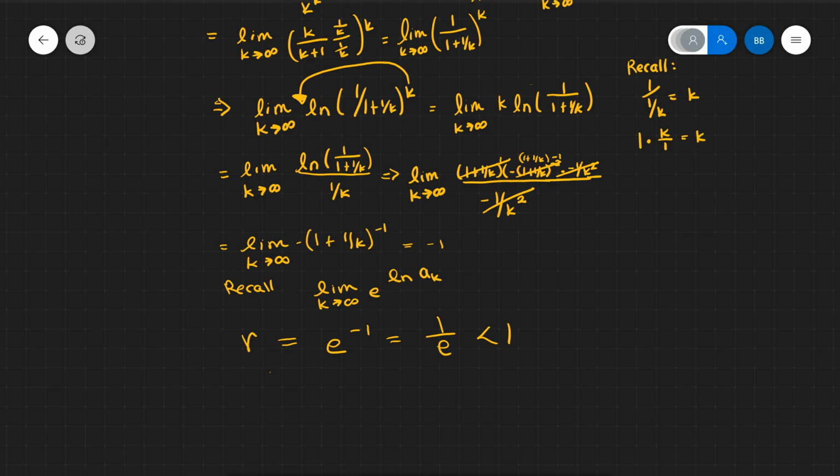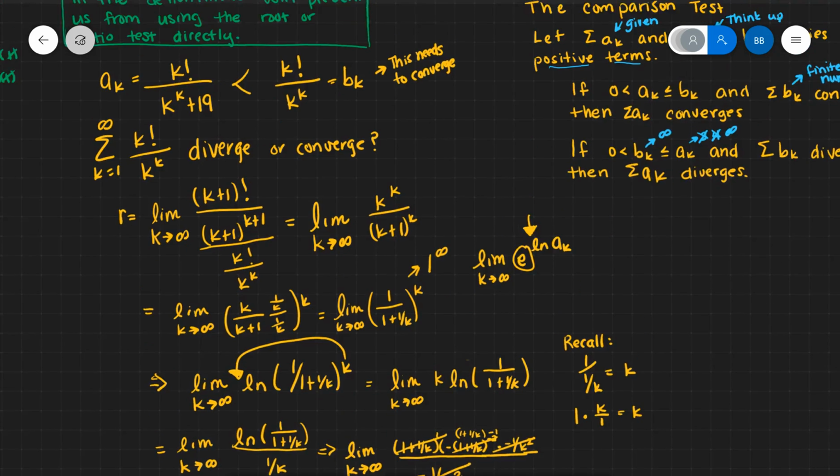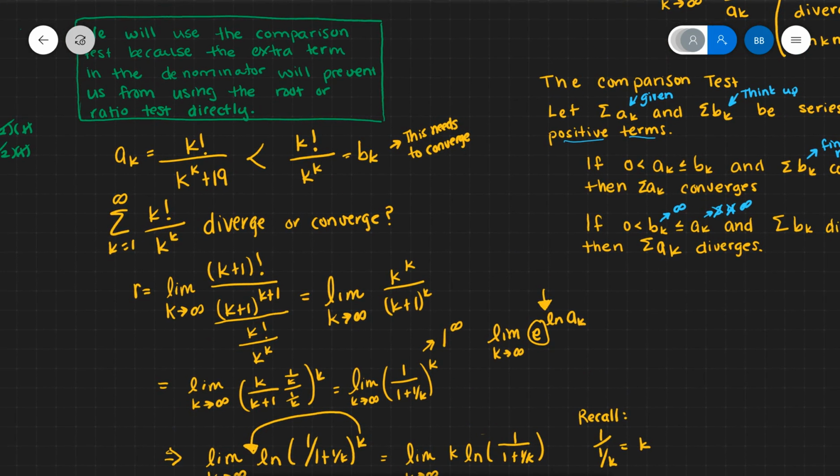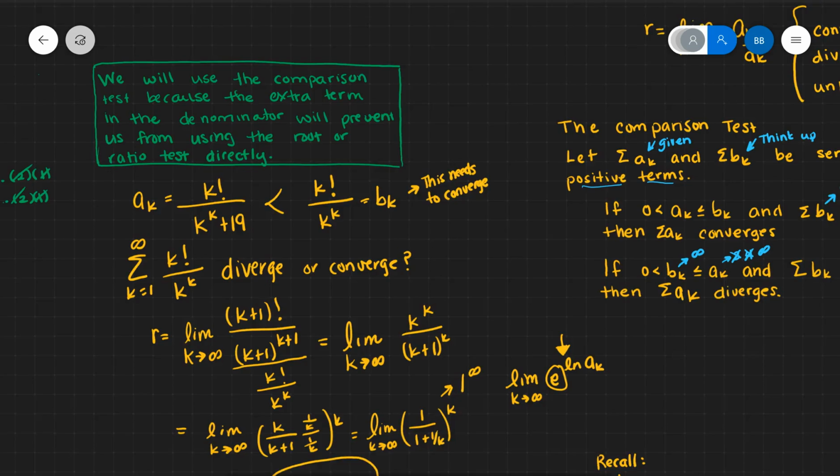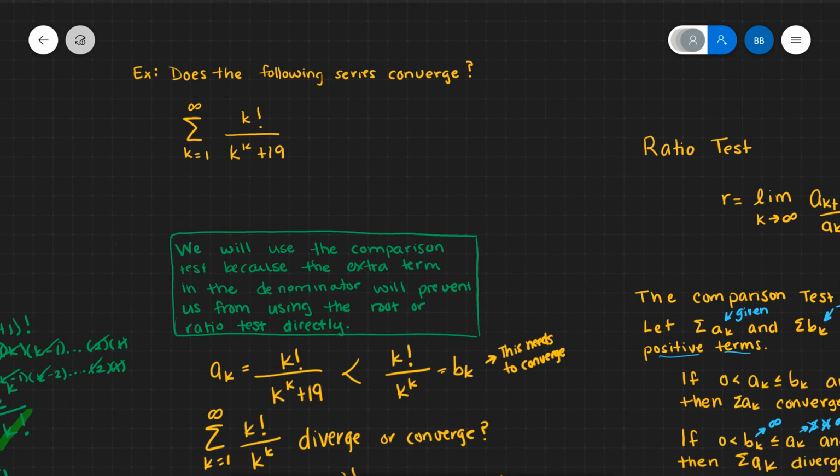So we have that the summation k factorial over k to the k going from 1 to infinity, converges. Because this converges, and we showed that it is greater than the original, our original problem also converges. So we can go back up to the beginning and say this converges by the comparison test.